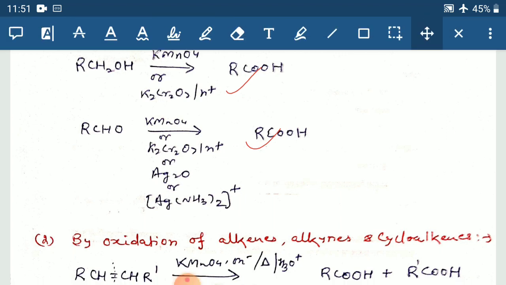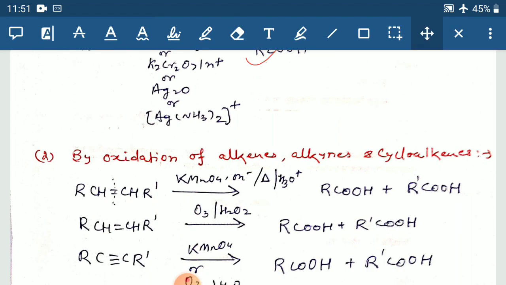The other method is we can also synthesize carboxylic acid upon oxidation of alkenes, alkynes and cycloalkenes. Like here this is the alkene which is unsymmetrical, and if it is symmetrical, no problem, same product will be formed.